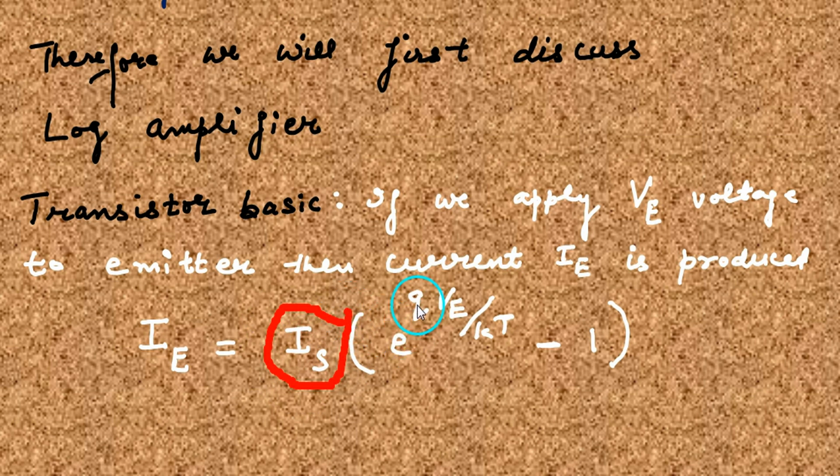This is the voltage VE. The emitter current is an exponential function of this voltage, and other parameters for a given temperature, like T, are constant, K is the Boltzmann constant, and IS is the reverse saturation current.